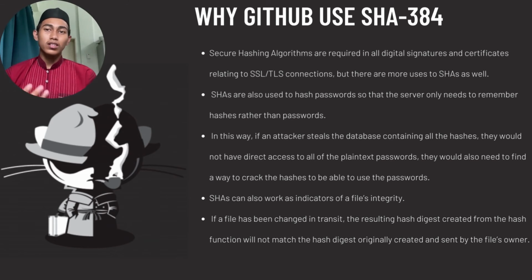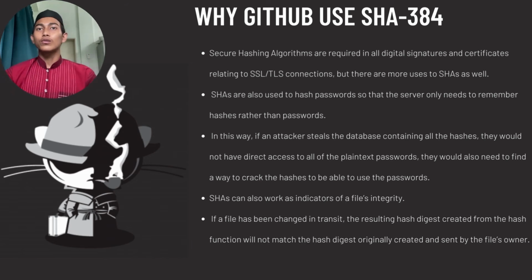Why does GitHub use SHA-384? Because secure hashing algorithms are required in all digital signatures and certificates relating to SSL or TLS connections, but they are more used than just that.